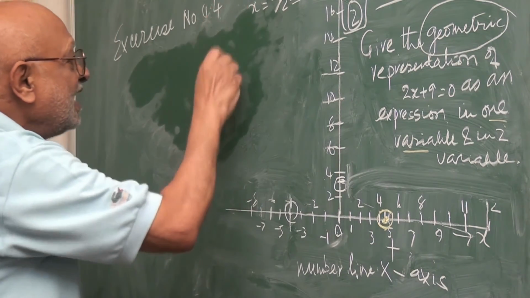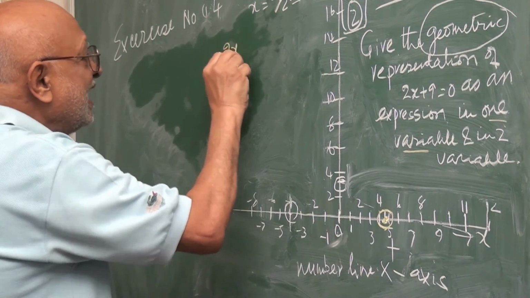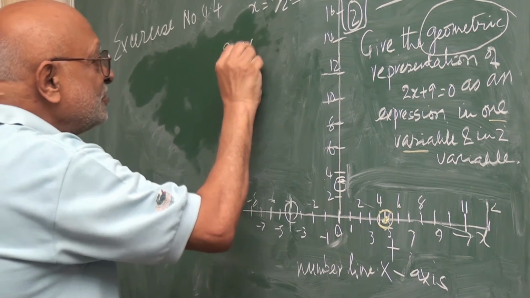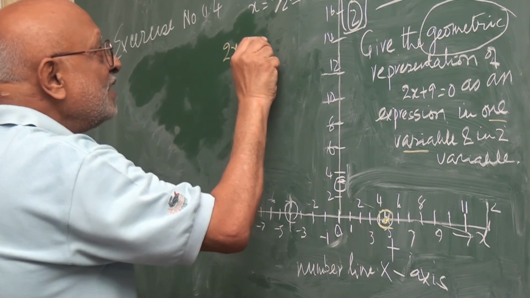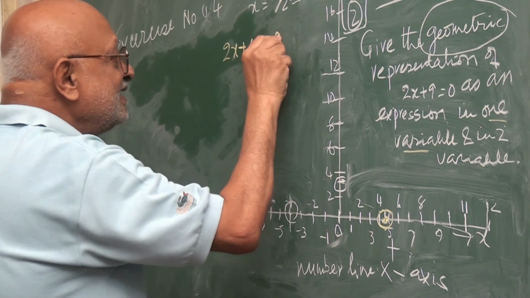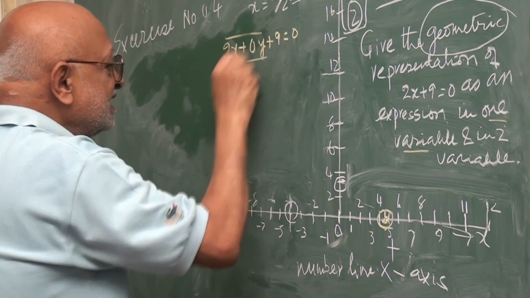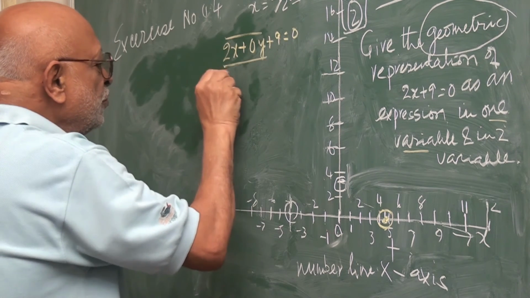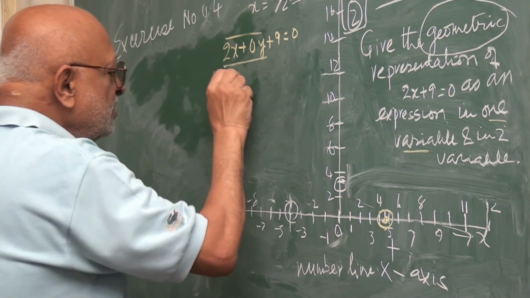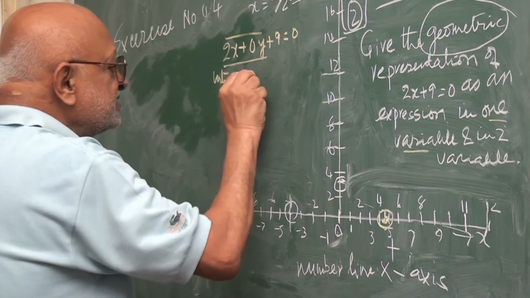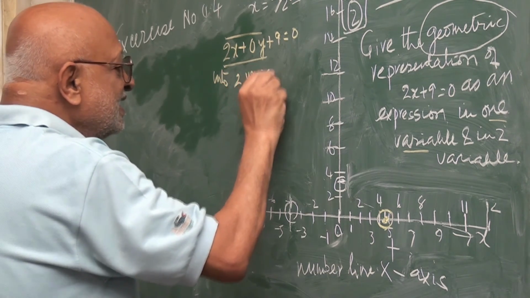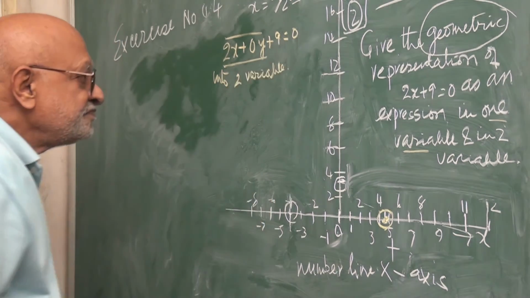So here I will use 2x plus 0y, okay, plus 9 equal to 0. So I have converted this into two variables.